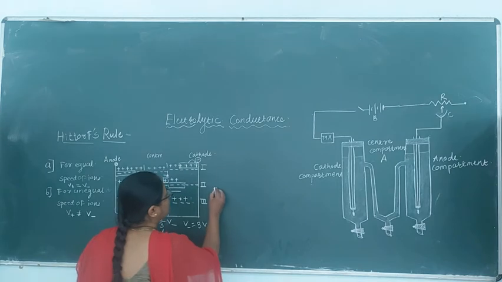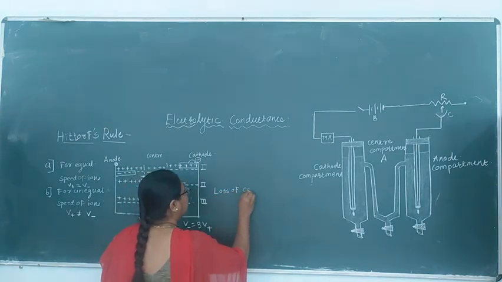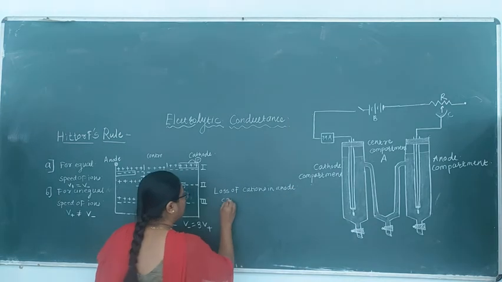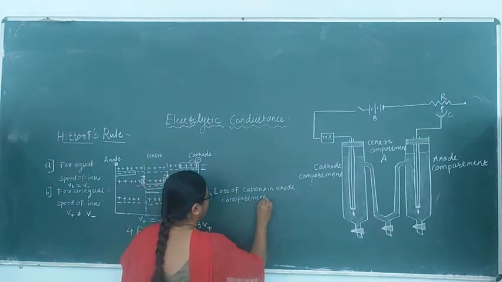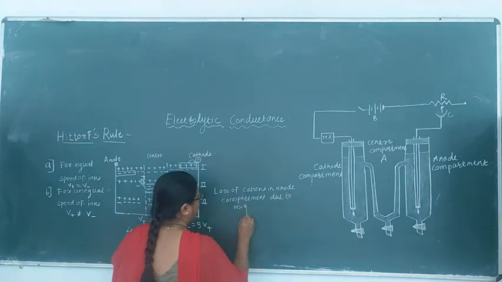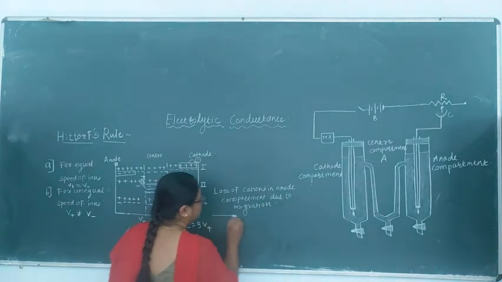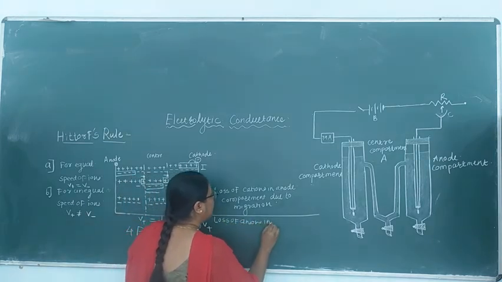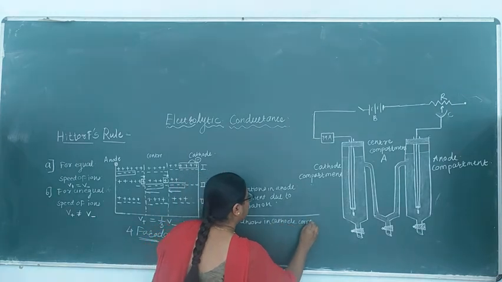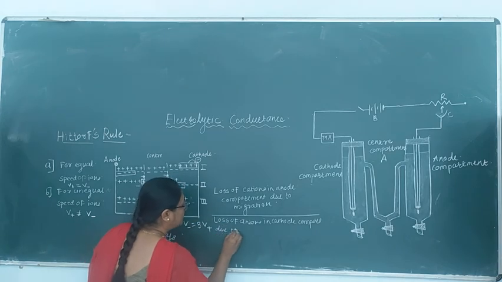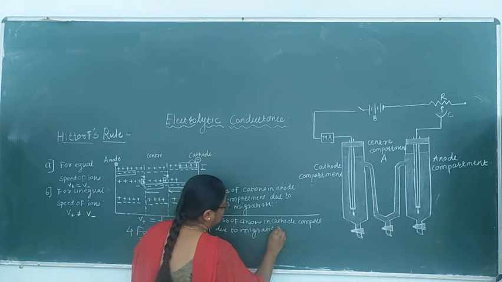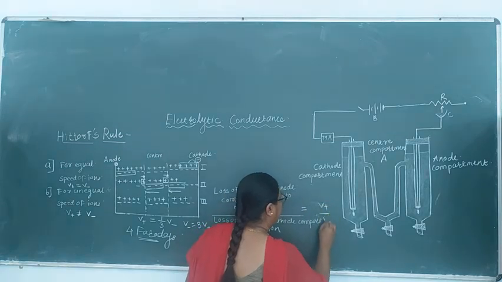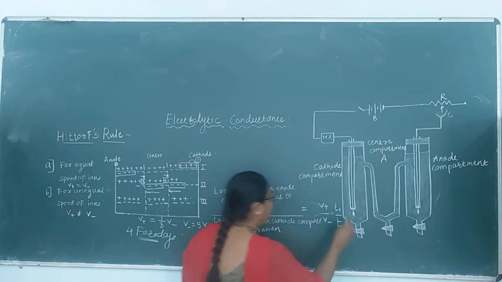And therefore the Hittorf's rule is such that loss of the cations in anode compartment due to migration divided by loss of anions in cathode compartment due to migration is equal to V plus divided by V minus, which is equal to T plus divided by T minus.